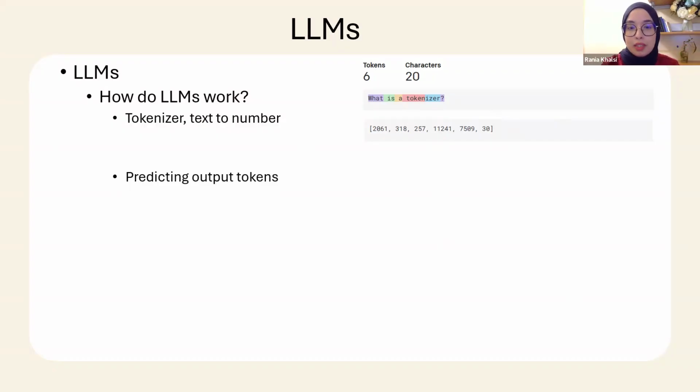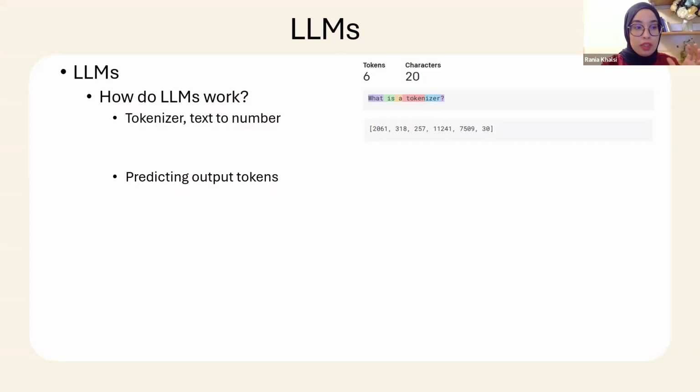The next step is predicting the output tokens. In a decoder-only architecture, the model uses what we call autoregressive decoding. Autoregressive decoding means it predicts the next token one step at a time, conditioned on the previous tokens each time.